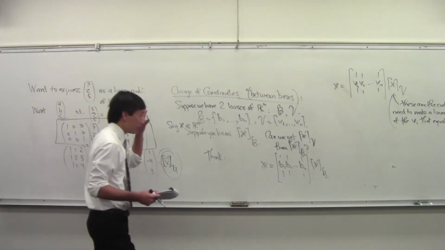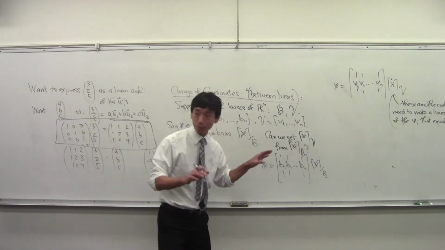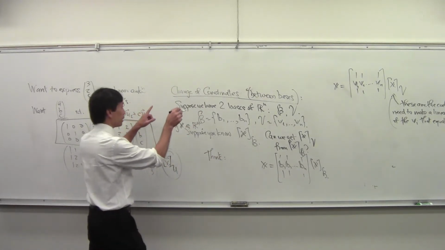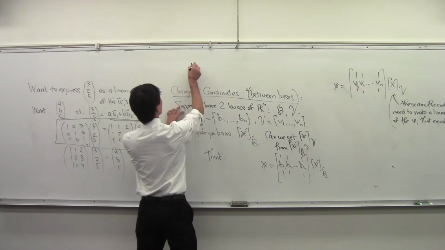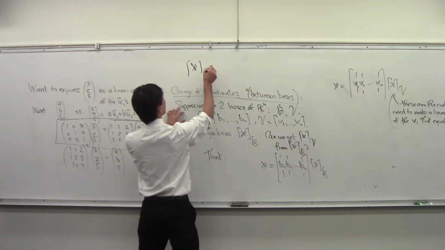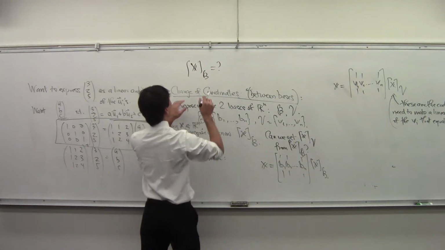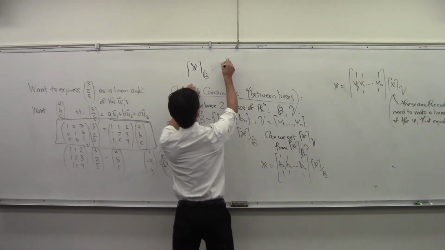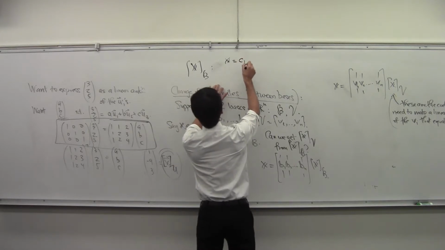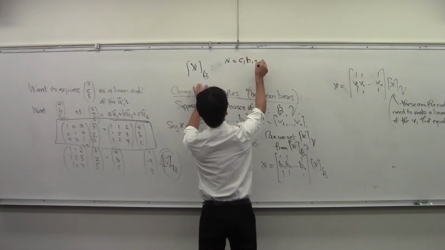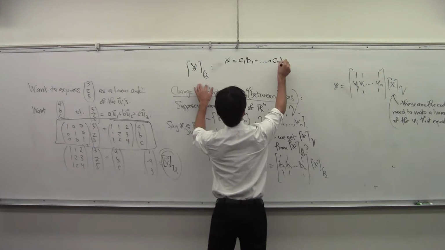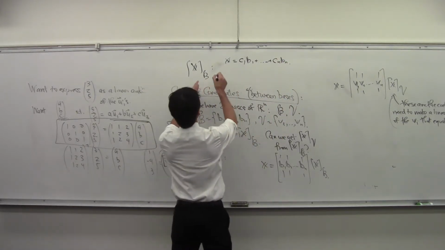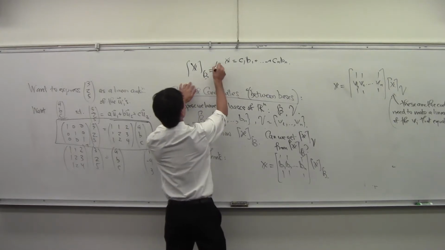So remember what the coordinate vector is. How do you get it? You take x and express x as a linear combination of the Bi, and then this thing is just those coefficients.